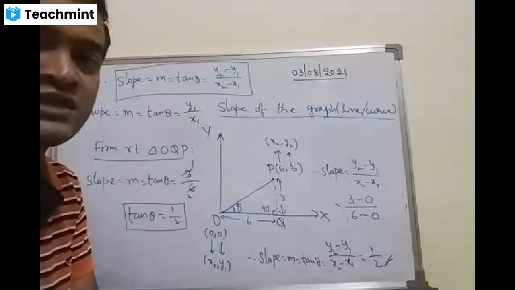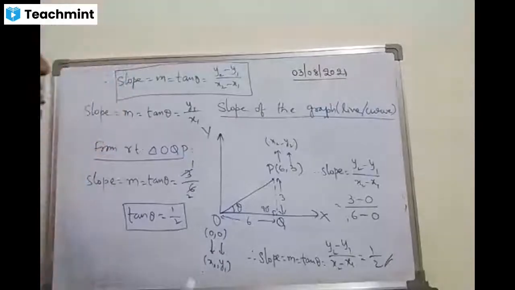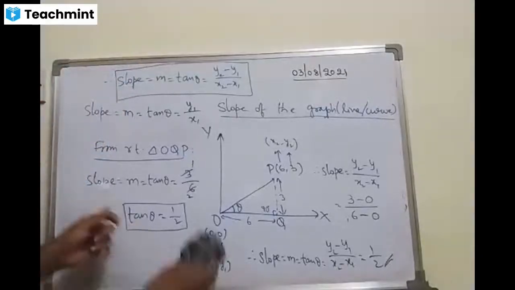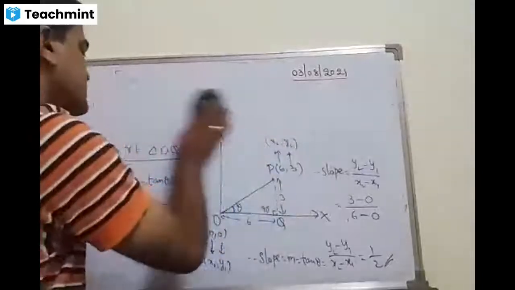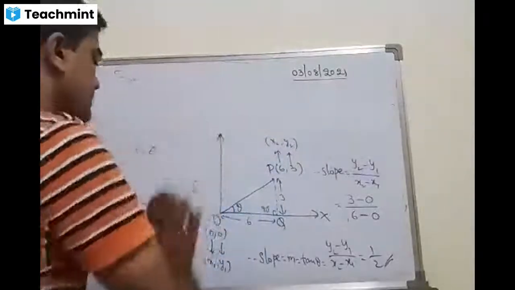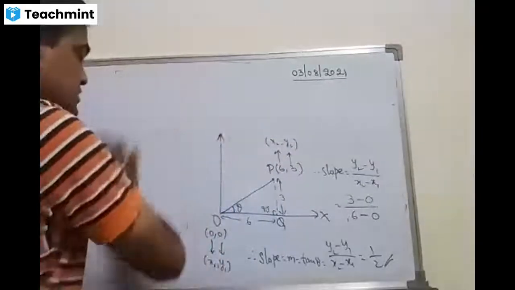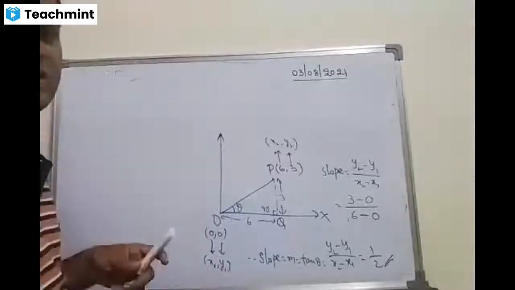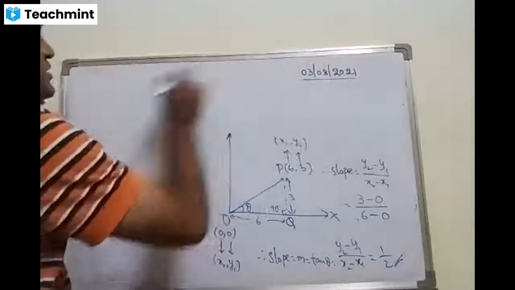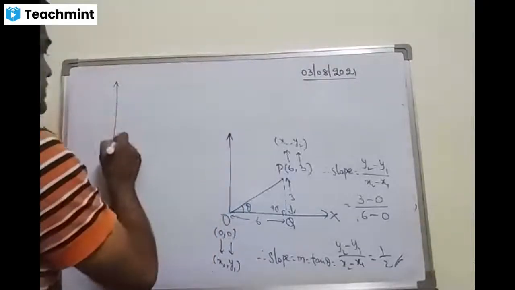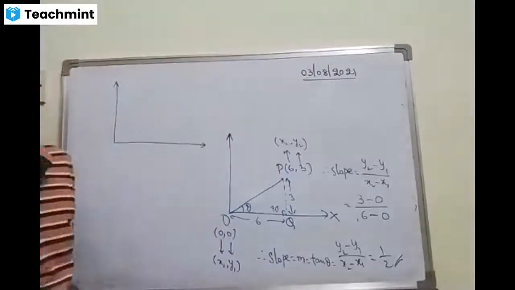Now let me give you another scenario to find out slope. If I ask you to find out slope in this case, what should be the answer? Let's say I have a graph, or a line like this.